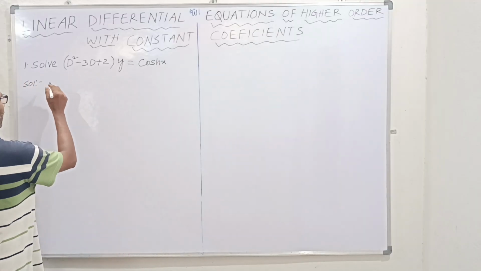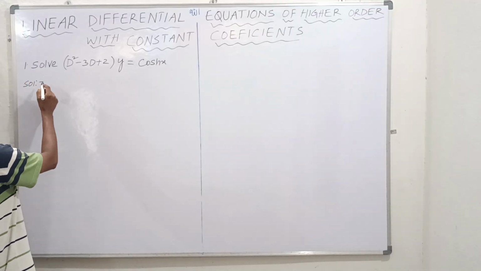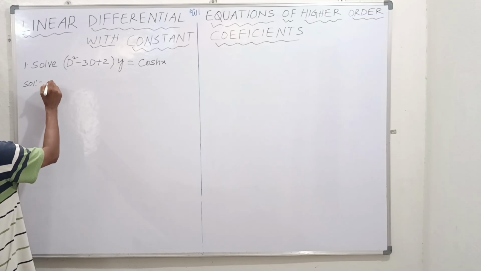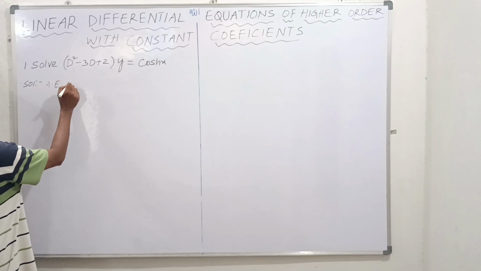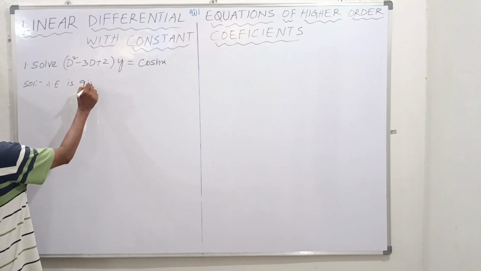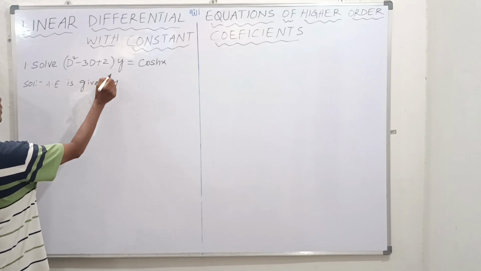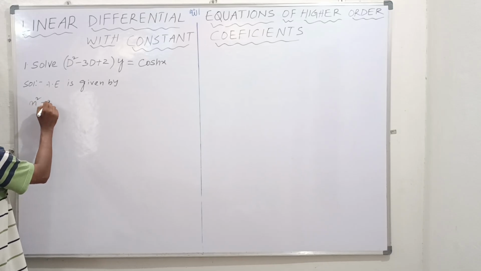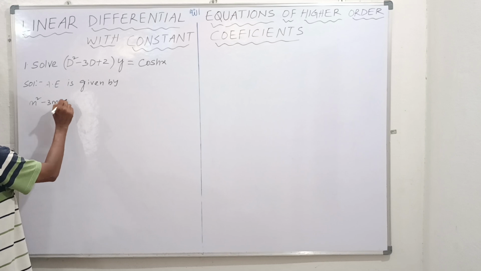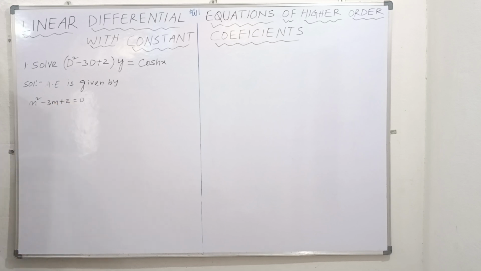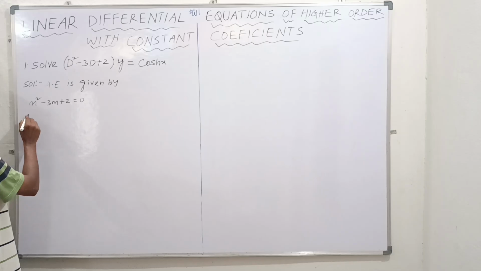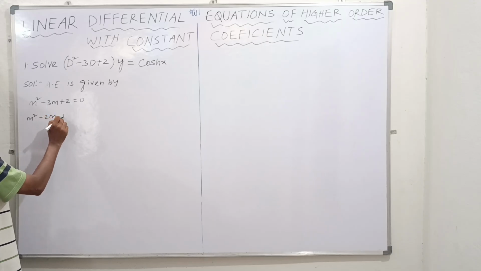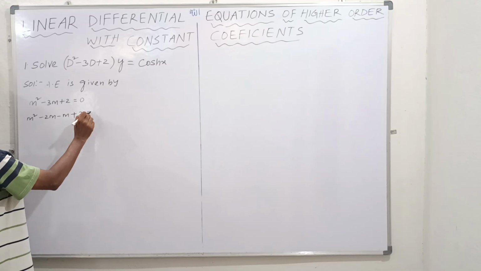Okay, so now to find the solution, we will write down the auxiliary equation. So the auxiliary equation is given by m square minus 3m plus 2 is equals to 0. So now factorizing, it becomes m square minus 2m minus m plus 2 is equals to 0.